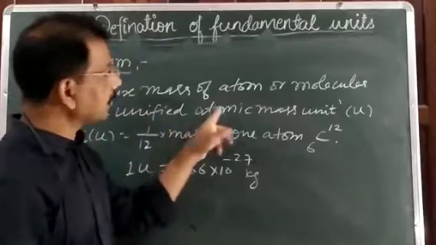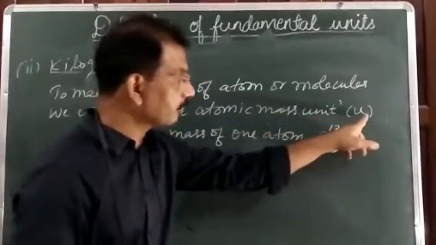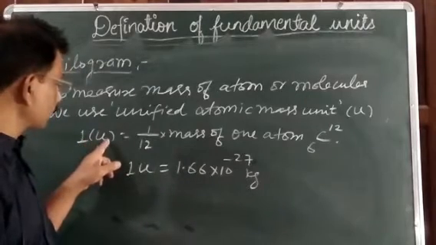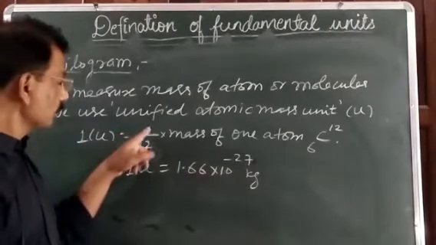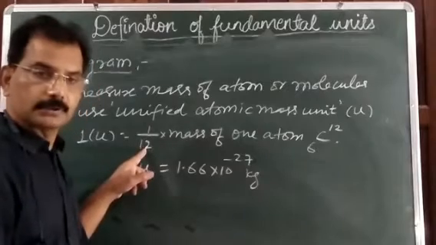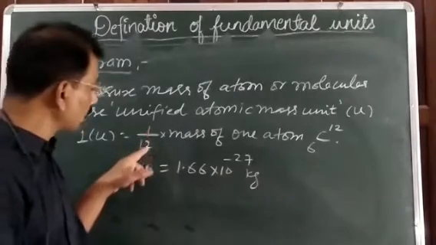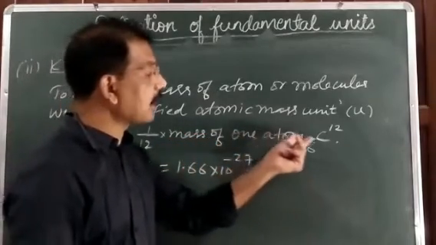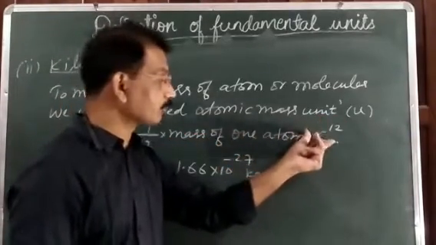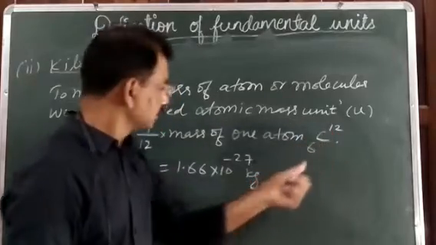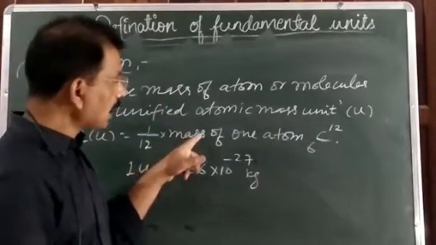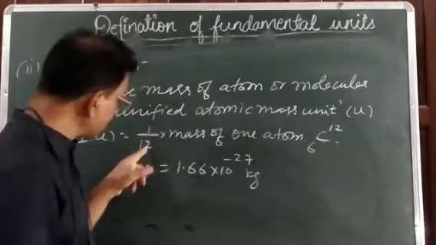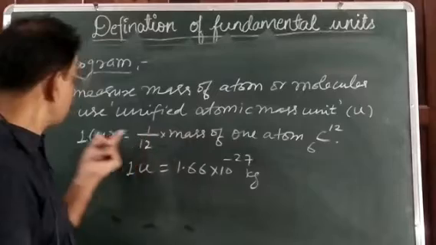And unified atomic mass unit is denoted by small u, and 1 u is equal to 1/12 part of the mass of one atom of carbon 12 isotope. This one is the isotope of carbon. So you take the mass of one atom of carbon 12 isotope divided by 12. This is equal to 1 u.